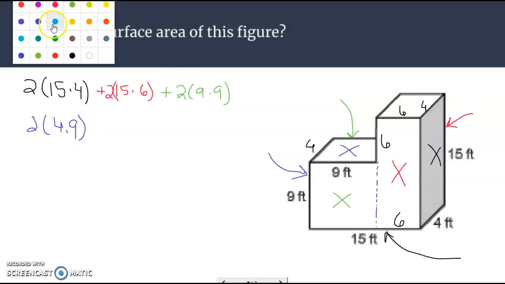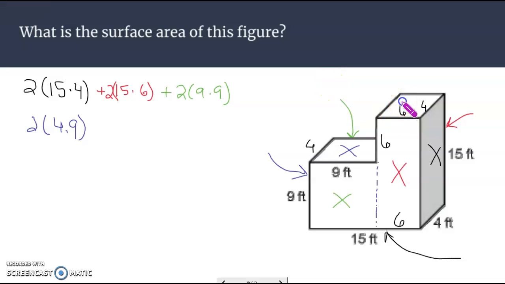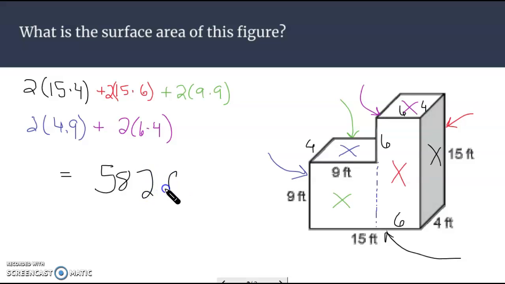And then finally we have this rectangle up here, a 6 by 4, and we also have one on the side. Alright, putting all of this in a calculator, keeping track of everything, simplifies down to 582 square feet.